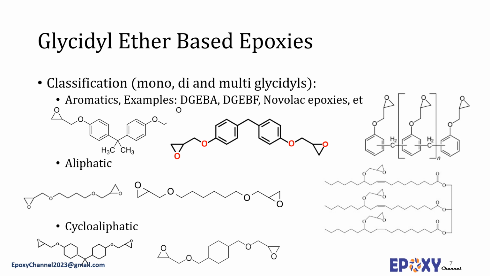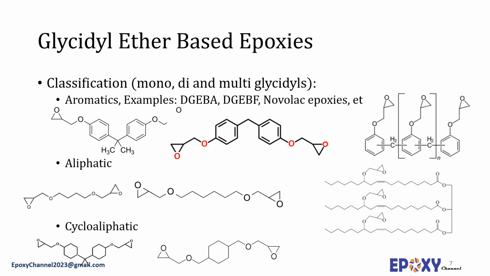Examples of aromatic glycidyl ether epoxies are the famous diglycidyl ether of bisphenol A, diglycidyl ether of bisphenol F, and Novolac epoxy resins. The term ether in their name implies the presence of the etheric link. Therefore, whenever a glycidyl group through etheric linkage is detected and there are aromatic rings, it is an aromatic glycidyl ether epoxy.